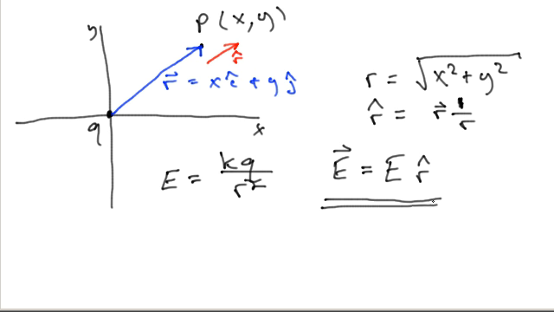I'm analogously using a symbol that's just R with no arrow over it, no hat, to mean the magnitude of the position vector. Alright, I think I might already have down everything I need.